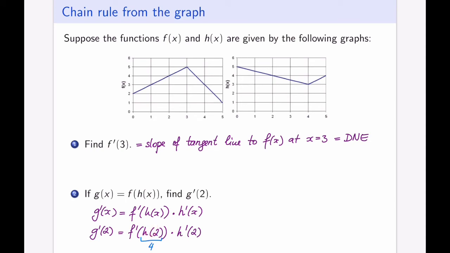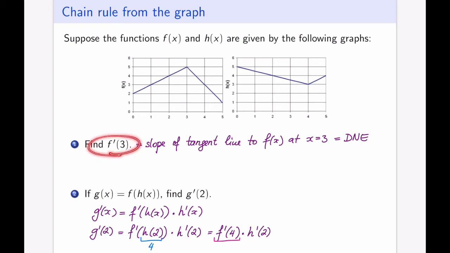Okay, so let's rewrite that first. f prime at 4 times, I haven't changed this second factor, so I'm going to just rewrite it, h prime at 2. Now I have to figure out what these two separate values are. So let's take a look at this first one, f prime of 4.